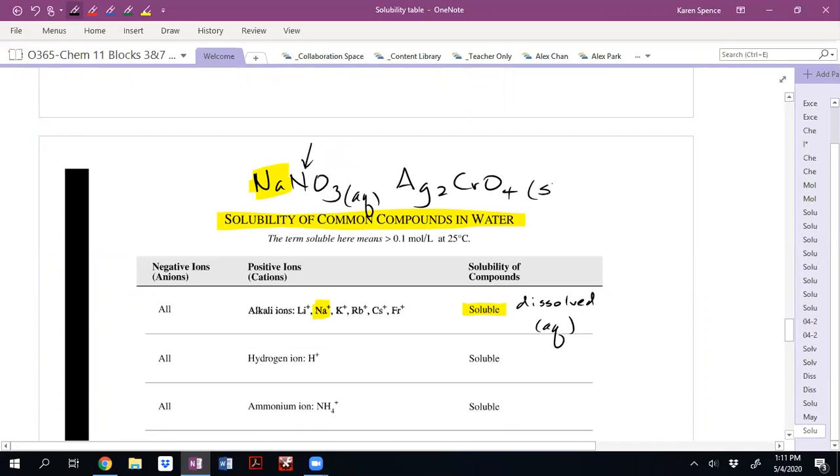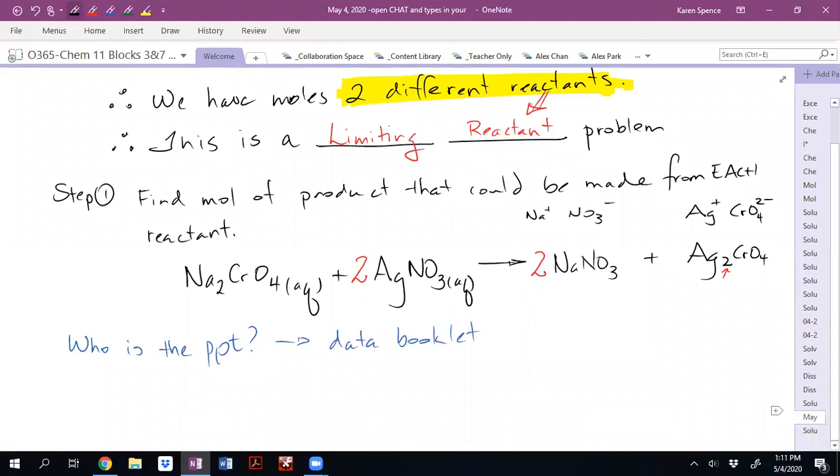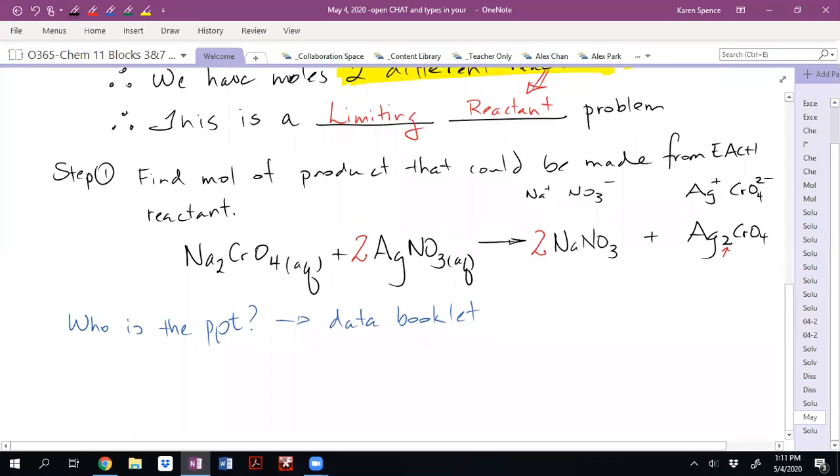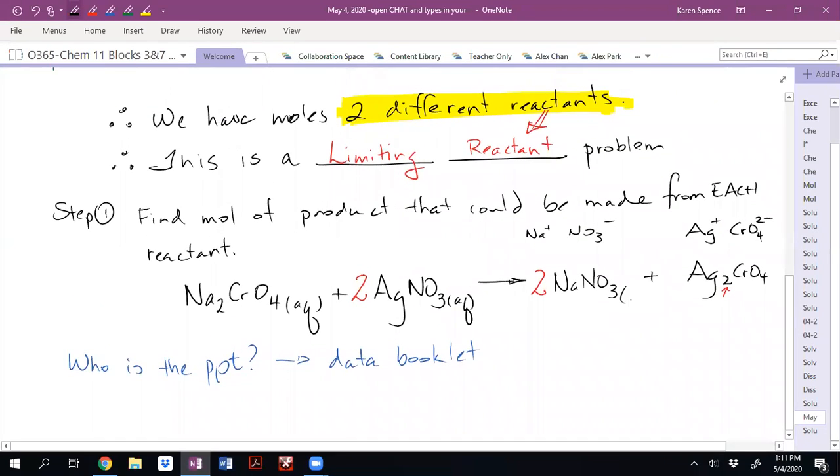Silver chromate has to be the solid. So that means that this is aqueous and this is our solid. And we are trying to find the mass of the precipitate. This right here is our precipitate because it is the solid.